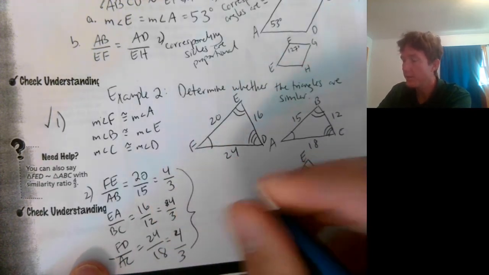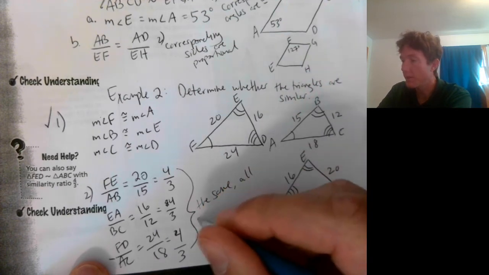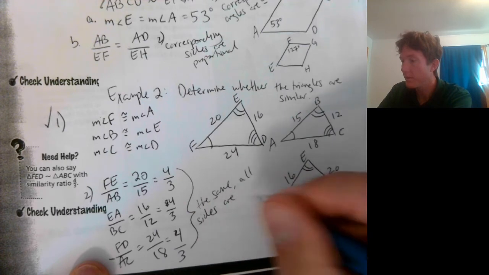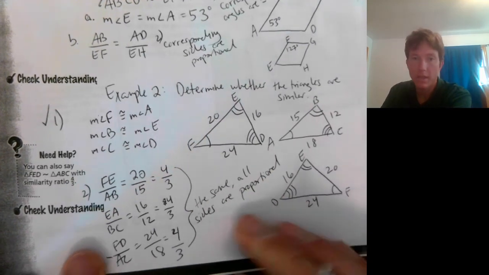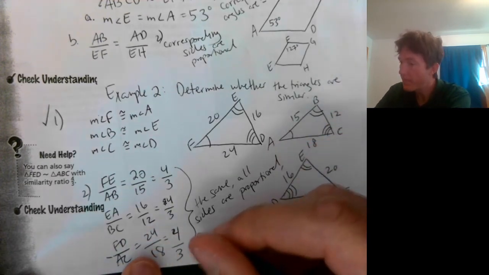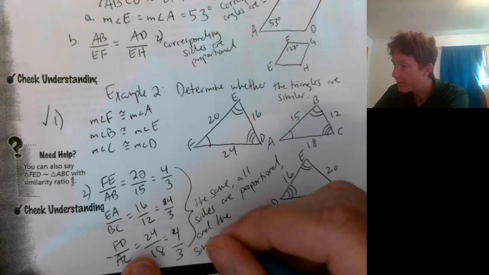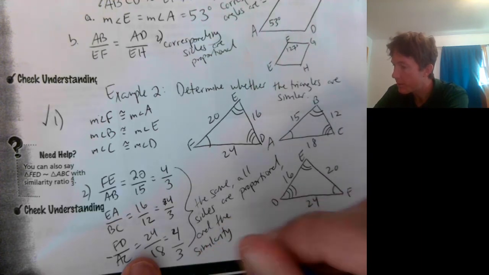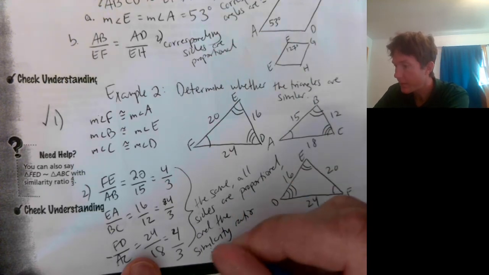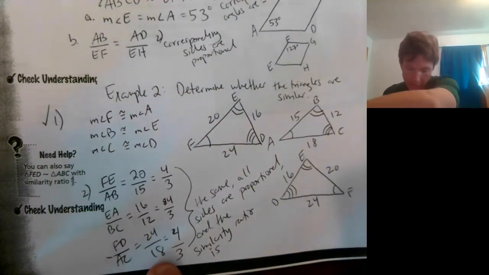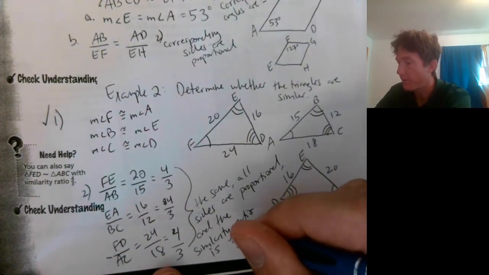So since they're all the same, all sides are proportional, and the similarity ratio is, let's write this with the smaller number first, a 3 to 4.